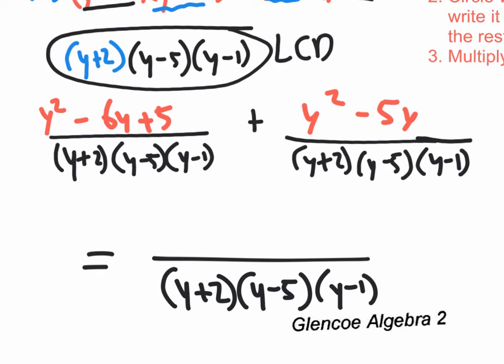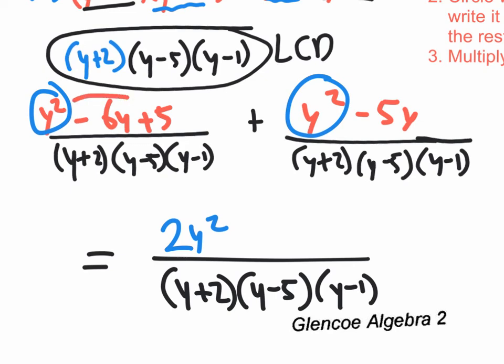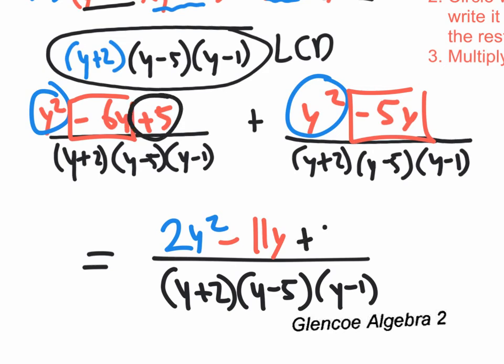Nothing changes. So let's start adding. How about this y squared with that y squared? That's going to be 2y squared. And how about the y's? We have a negative 6y that we could combine with a negative 5y. That's going to be a negative 11y. And last but not least, we have the plus 5 that we just need to bring down.